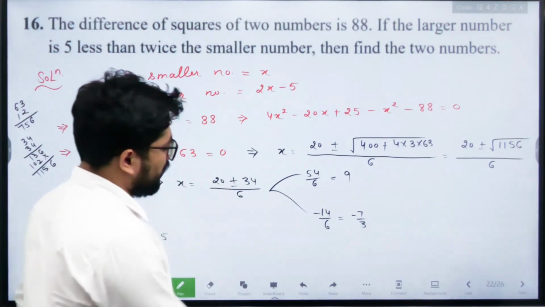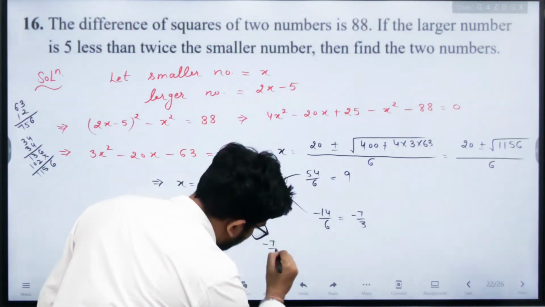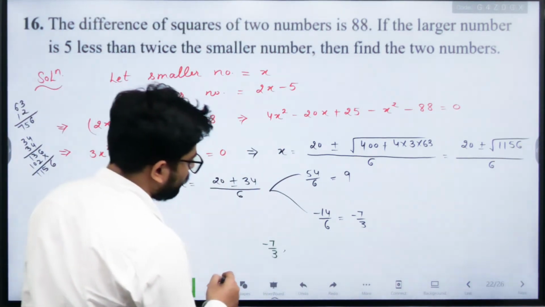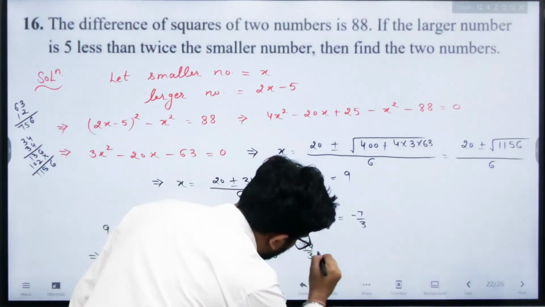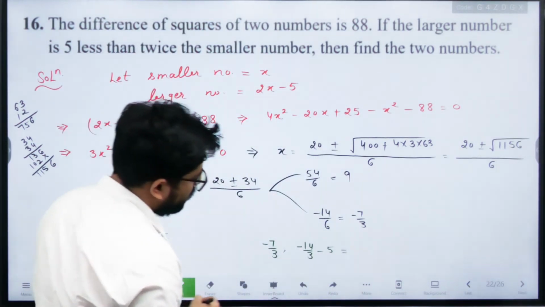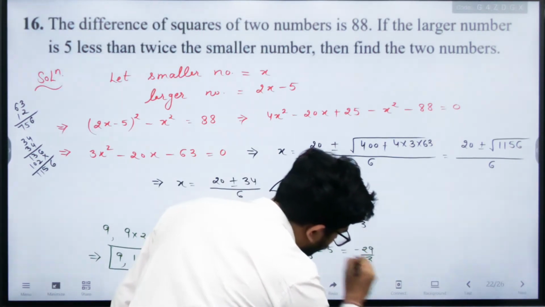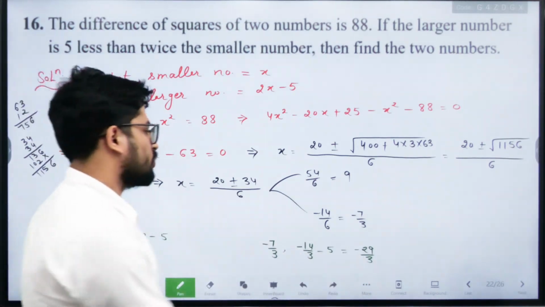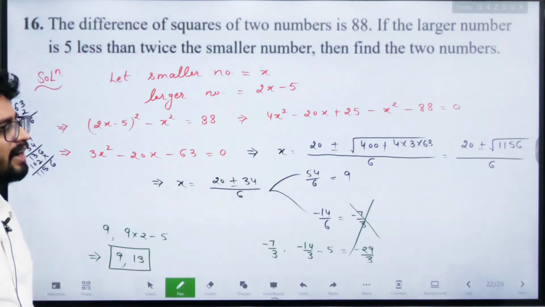Now the next value is minus 7 by 3. If x is minus 7 by 3, the second number is 2 times that, minus 14 by 3, minus 5. So this time this is minus 29 by 3. But now this is not the larger number, so you have to reject this. So your final answer is 9 and 13.